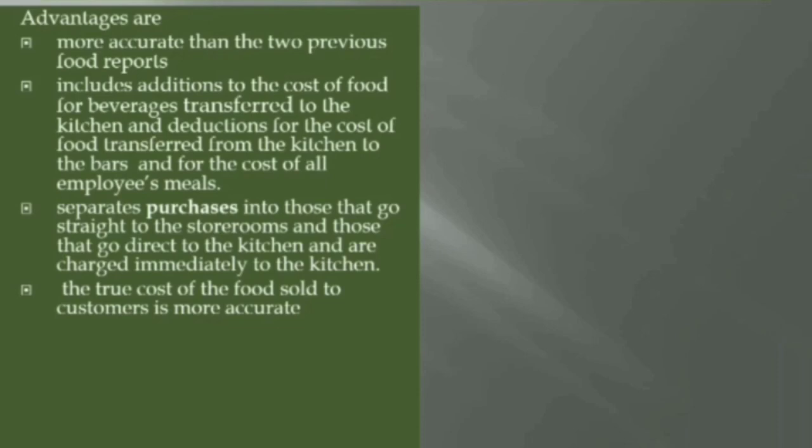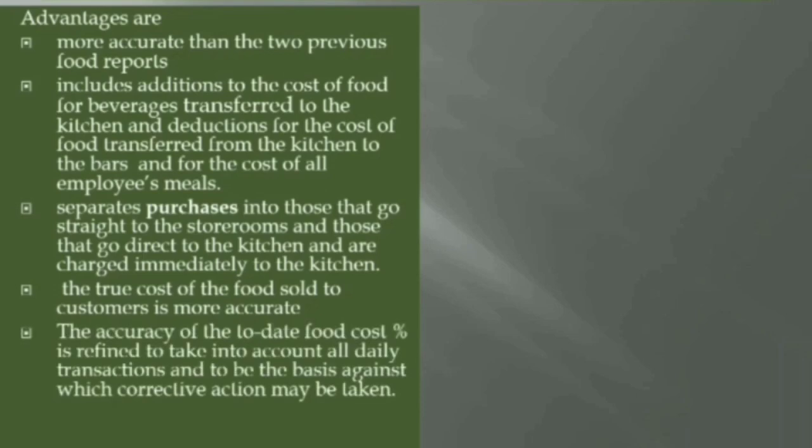It separates purchases into those that go straight to the storerooms and those that go direct to the kitchen and are charged immediately to the kitchen. And the true cost of the food sold to the customer is more accurate. The accuracy of the to-date food cost percentage is refined to take into account all daily transactions and to be the basis against which corrective action may be taken.